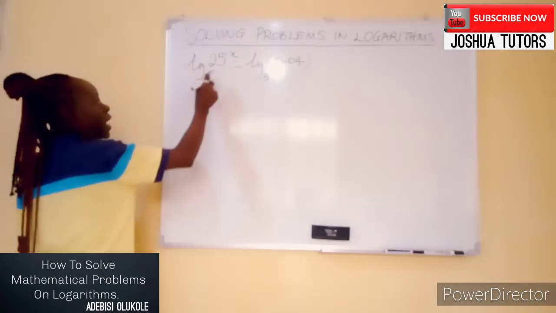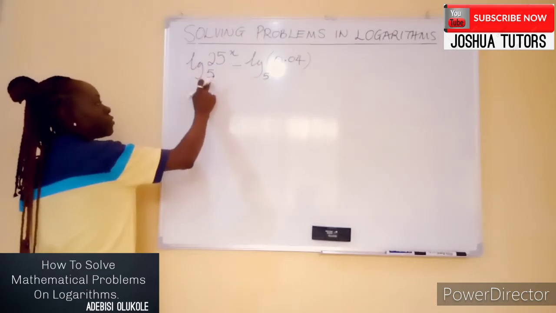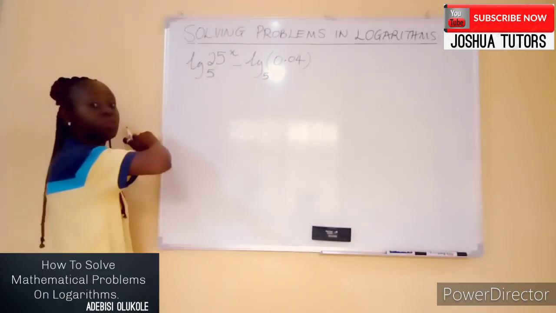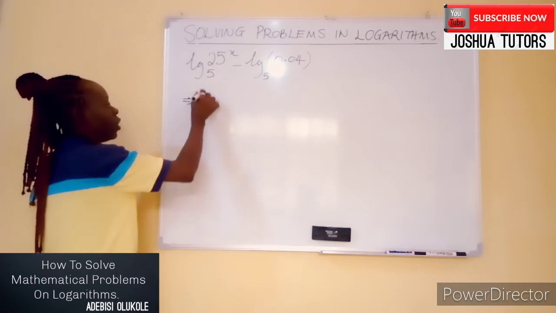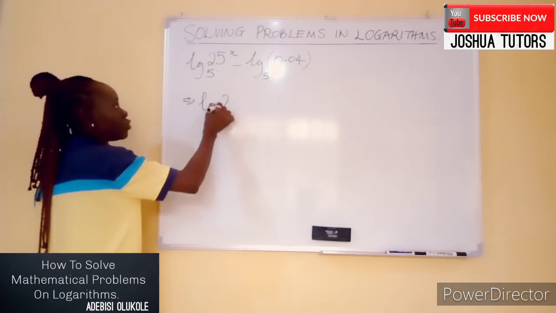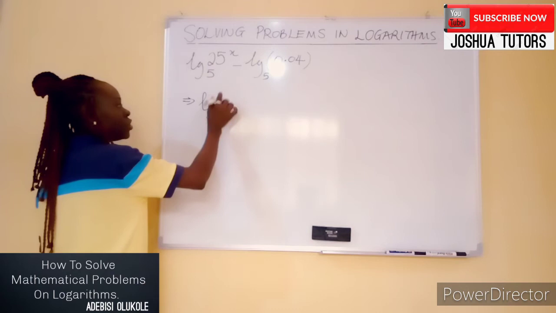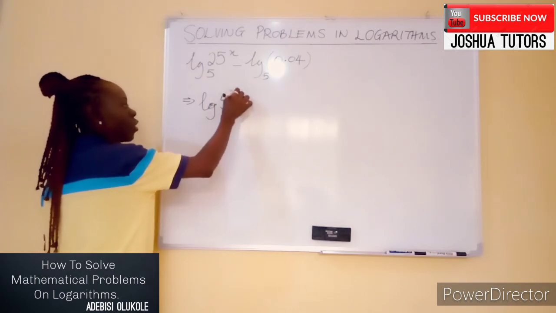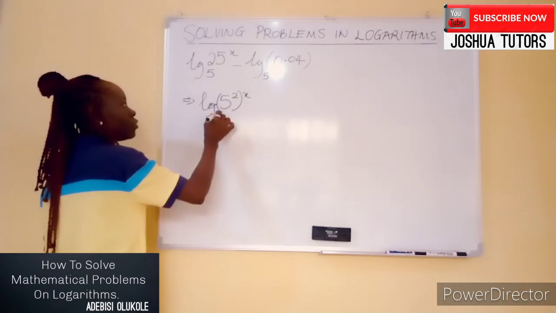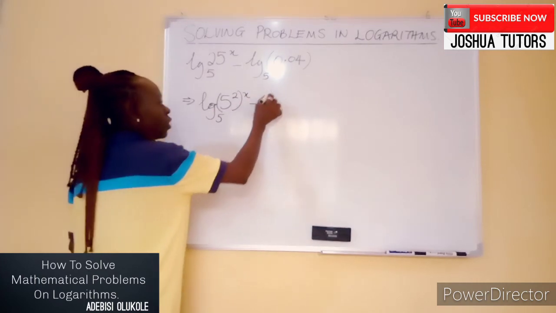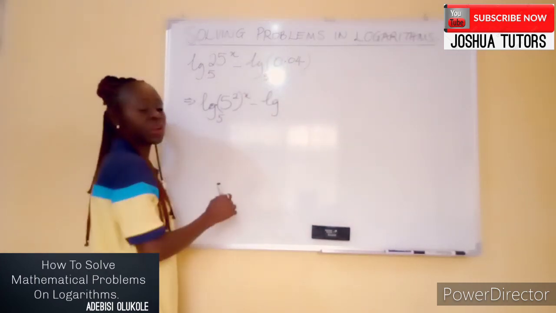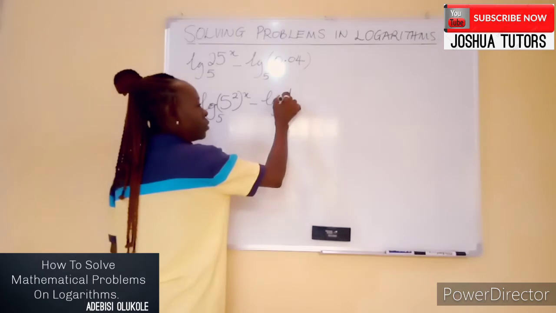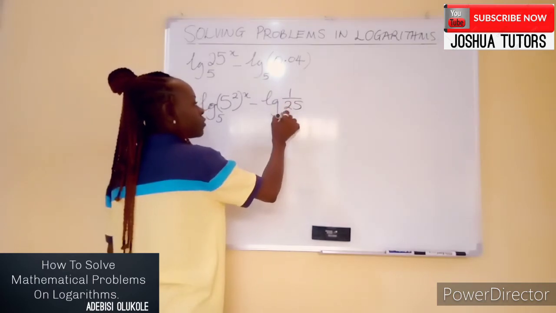I have log 25 to base 5. 25 is 5 raised to the power of 2. So that gives me log of 25, which is 5 squared, originally raised to the power of x to base 5, minus log of 0.04, which is 1 over 25, to base 5.